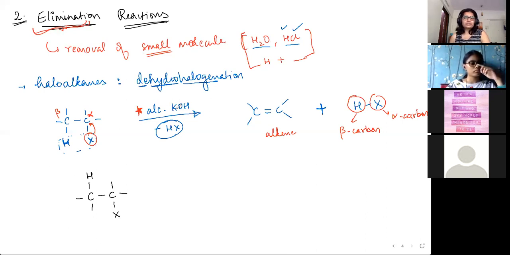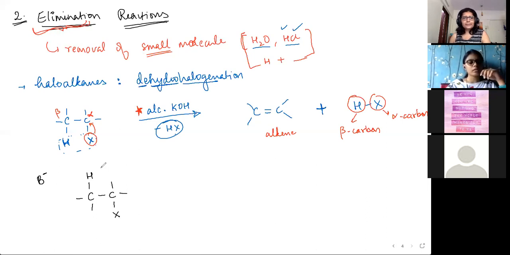KOH mixed in alcohol, the OH minus attacks the hydrogen from alcohol and basically gives rise to an extremely strong base, like C2H5O minus or CH3O minus.